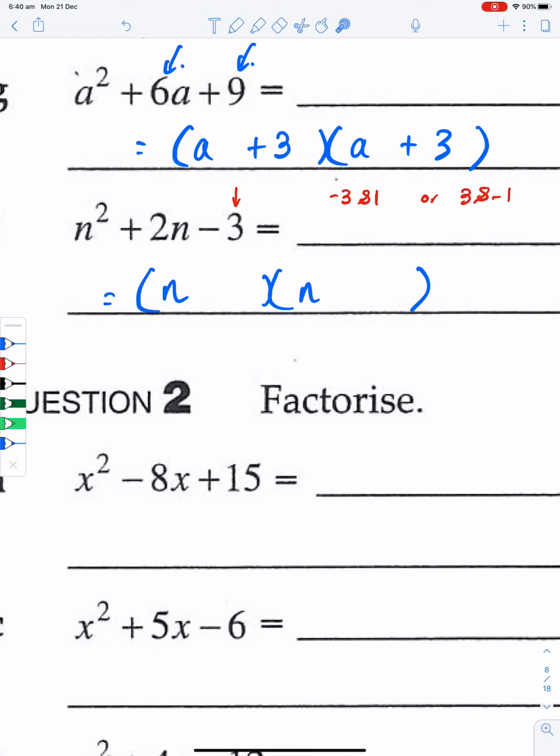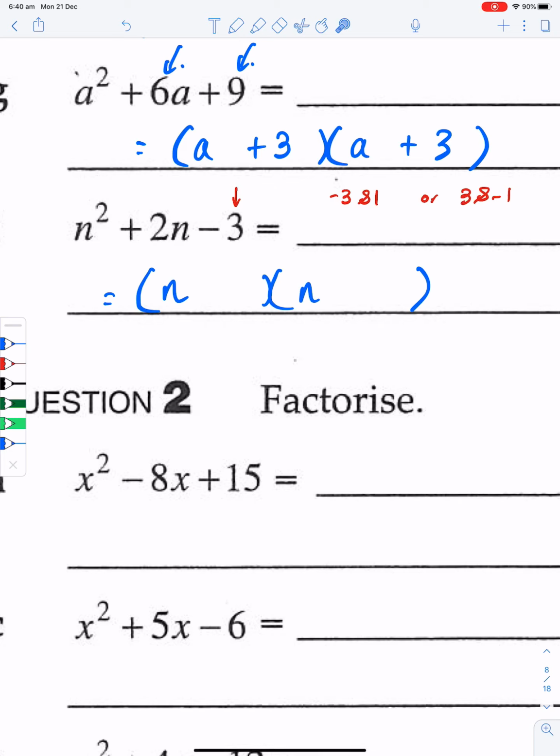Now don't forget, our numbers, when you add them, have to give the middle number, which is 2. If you add these two, you get minus 2, which is incorrect. But if you add these two, you do get 2. So these are our winning numbers, 3 and minus 1.